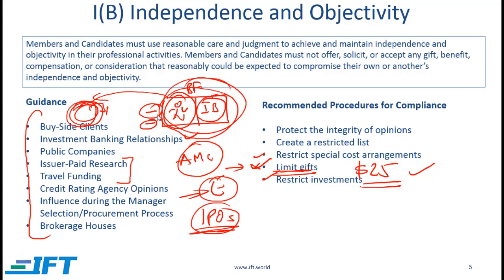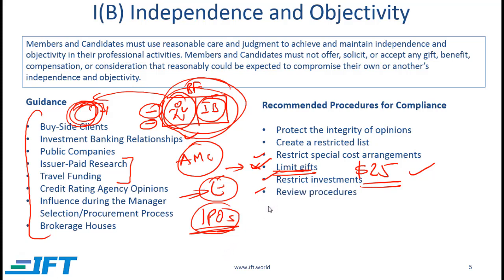So if people in your organization are involved in this process and they participate in the IPO in terms of buying shares for themselves, then potential conflicts of interest can creep in, and the independence and objectivity of their research reports can potentially be compromised.